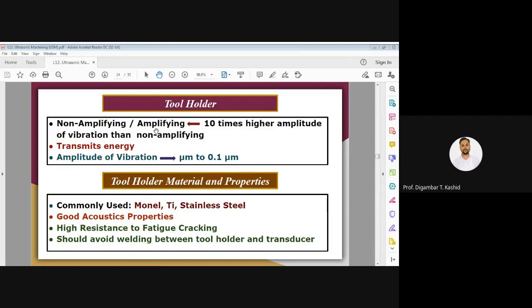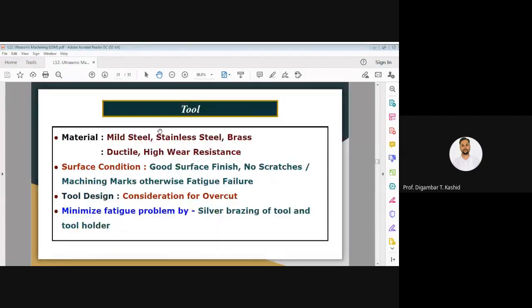Welding between your tool holder and transducer should be avoided during working. Now, for tool material, you can use mild steel, stainless steel, brass.